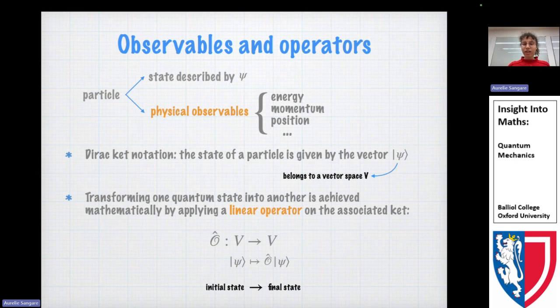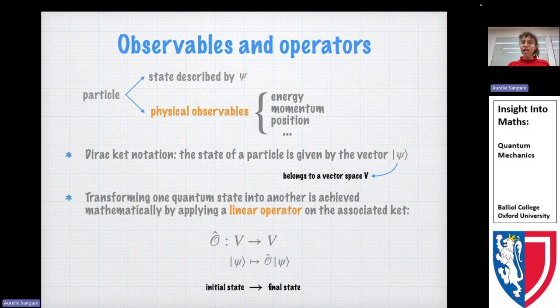And this vector, which is associated to the wave function describing the state of the particle, we call it ket psi. And this ket notation was introduced by Dirac. So this is called the Dirac ket notation, the notation included here on the slide.